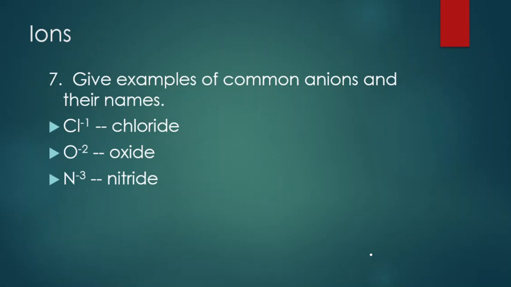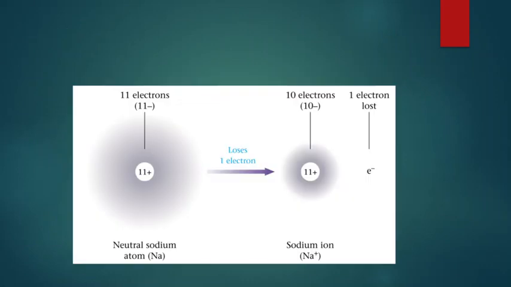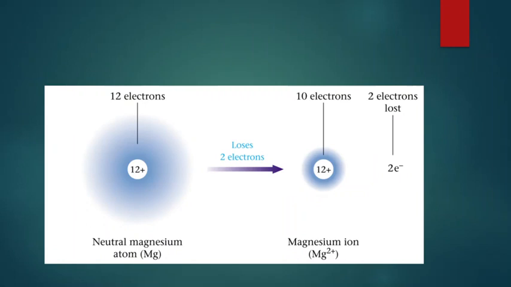Guys don't change their names. So, sodium loses an electron, so now we call sodium what? Sodium, because cations do not change their names. Magnesium, if it loses 2 electrons, now we call magnesium what?